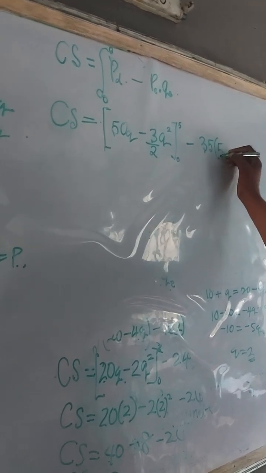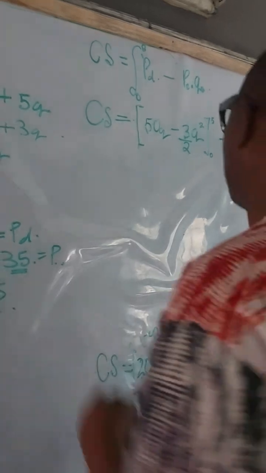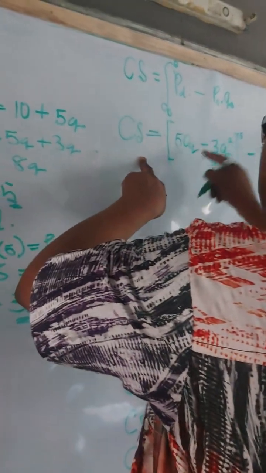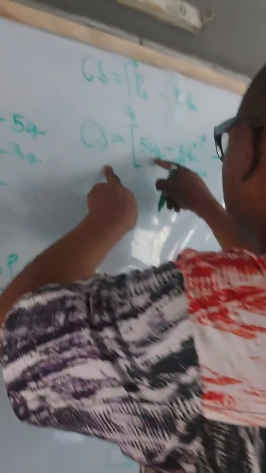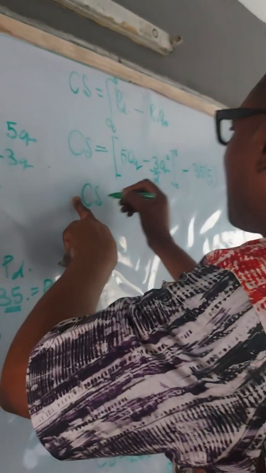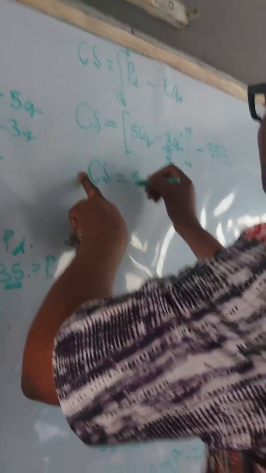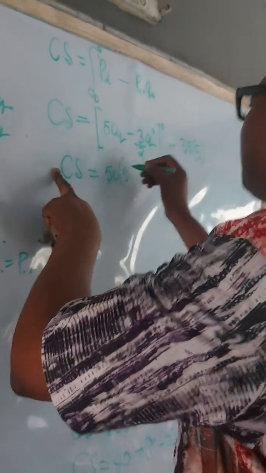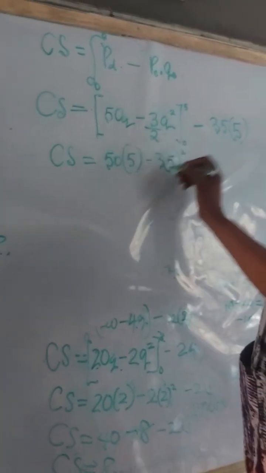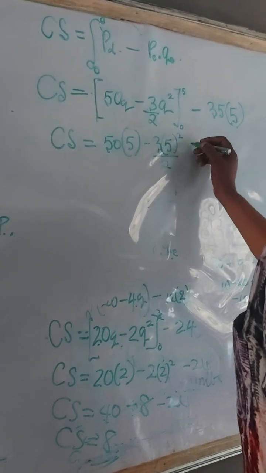The equilibrium quantity is 5. Okay, class. So let us substitute the equilibrium quantity from here. So our consumer surplus is 50 into bracket 5. Are you with me? Minus 3 into bracket 5 raised to power 2 divided by 2. Okay?